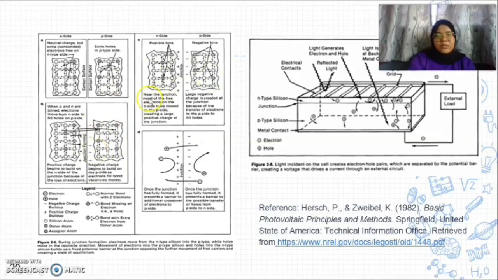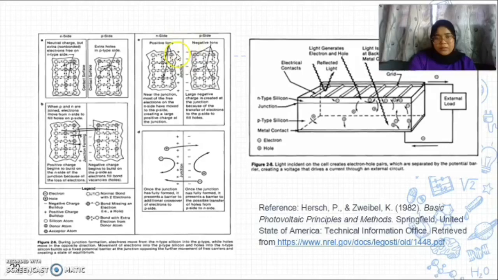Okay, so near the junction, most of the free electrons on the n side have moved to the p side, creating a large positive charge at the junction. A large negative charge is created at the junction because of the transfer of electrons to the p side to fill holes. So when the positive charge builds on the n side and the negative charge builds on the p side, this is what we call the junction and also the potential barrier.